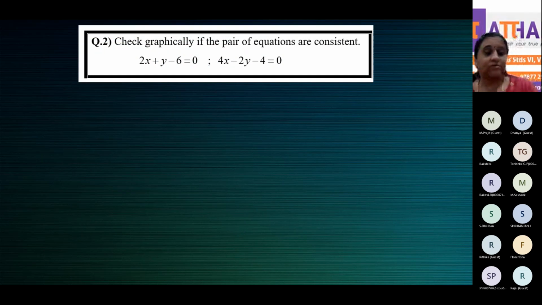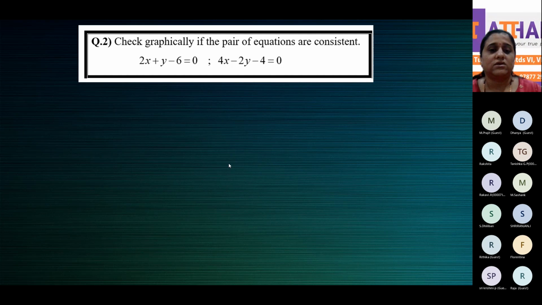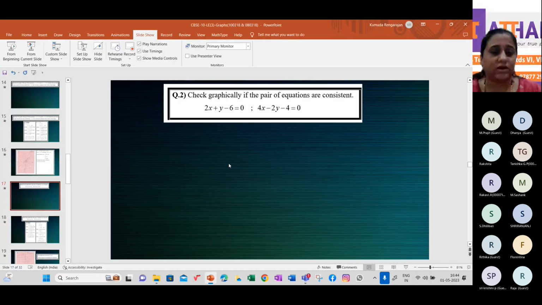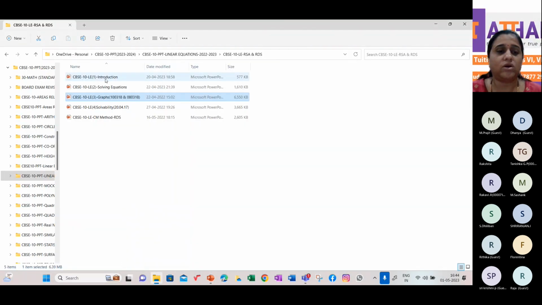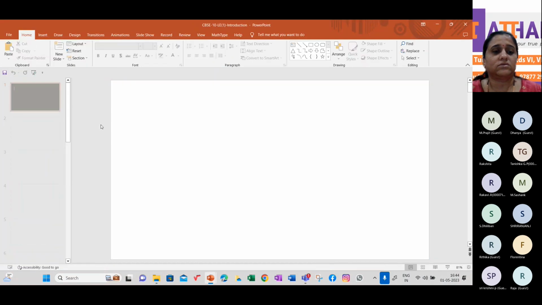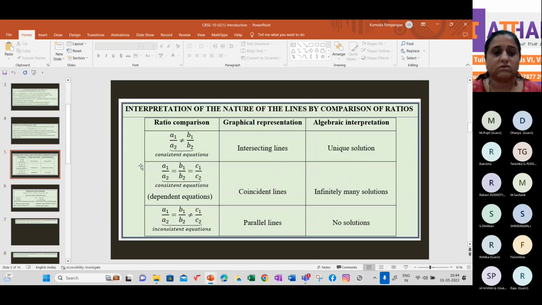Oh yeah, this reminds me of something. The other day I forgot to discuss this, children. One second. Let me just go back to that before I forget. When we took the introduction to this chapter, I forgot to talk about this.